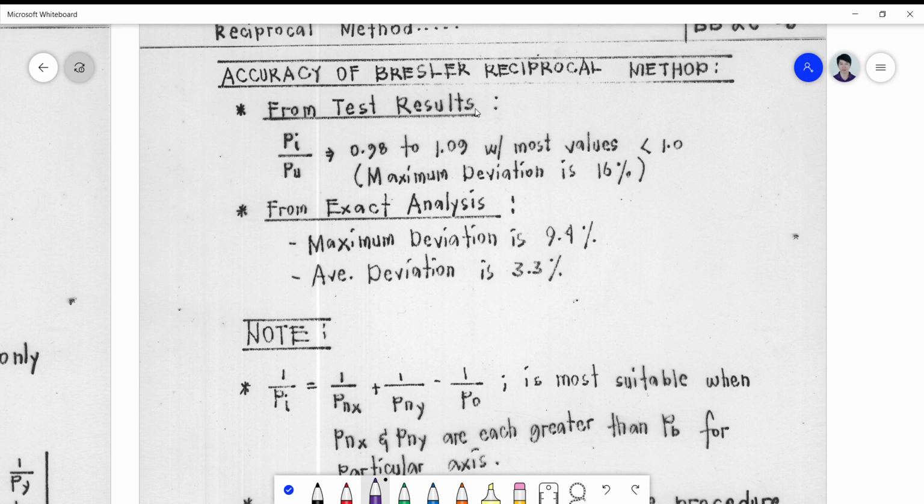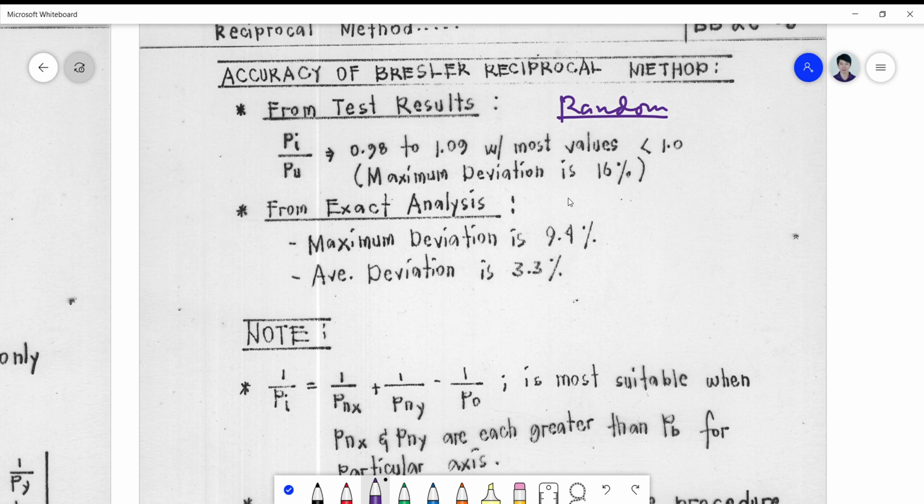Of course, test results are random. Okay, these are random data because it depends on a lot of influencing factors on the actual nature of your test specimen and the conduct of your methodology. So while the exact analysis is more of a deterministic analysis, it has the formula, the science, the principles which are more or less fixed and not randomized.